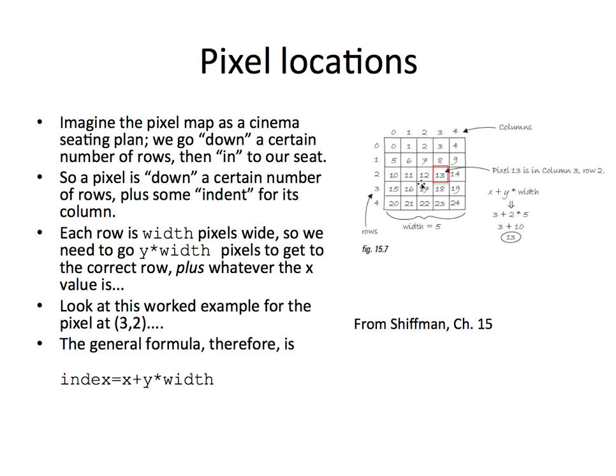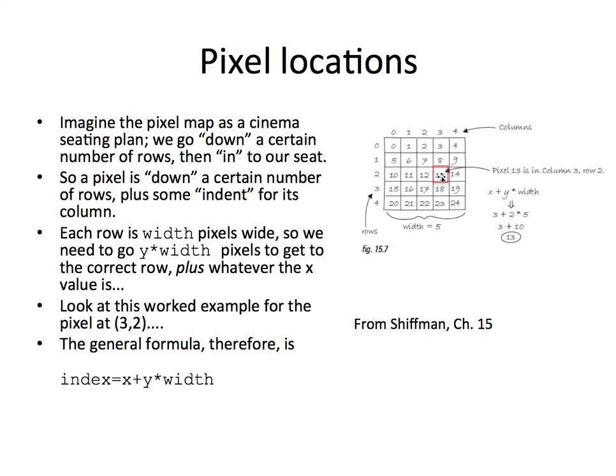So we need to go y times width, so y iterations of width. This is one iteration of width, 1, 2, so we go 2 plus 3 plus the indent.